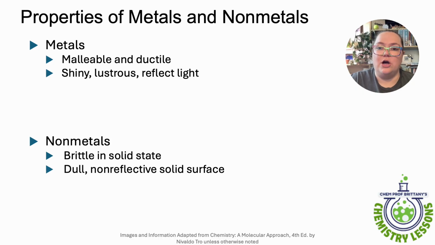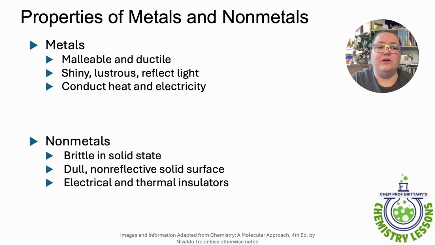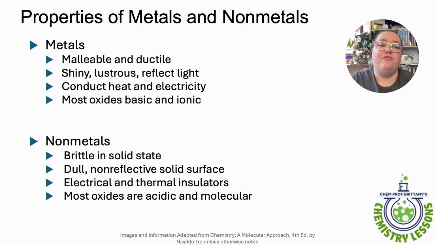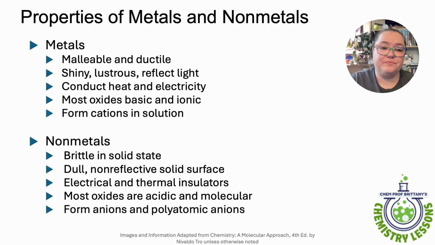Our metals are shiny and lustrous and reflect light, whereas our nonmetals as solids tend to be dull and non-reflective. Our metals conduct heat and electricity really easily, whereas we consider nonmetals to be electrical and thermal insulators because they don't. For metals, most of our oxides are ionic compounds and they are basic, whereas oxides of nonmetals tend to be acidic and they are molecular compounds.